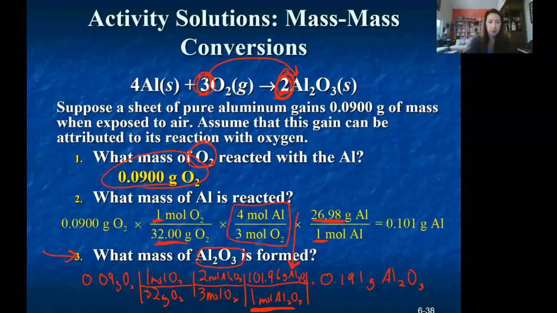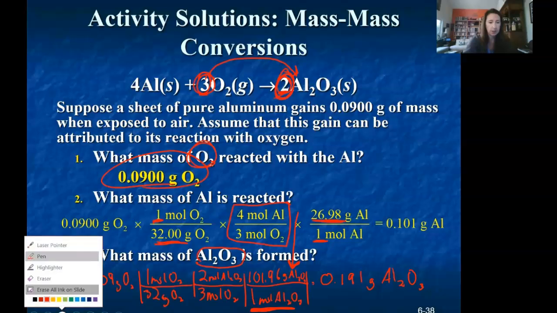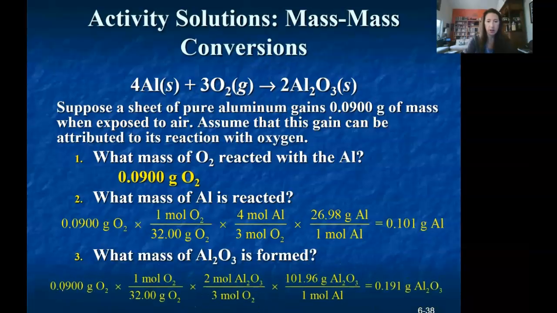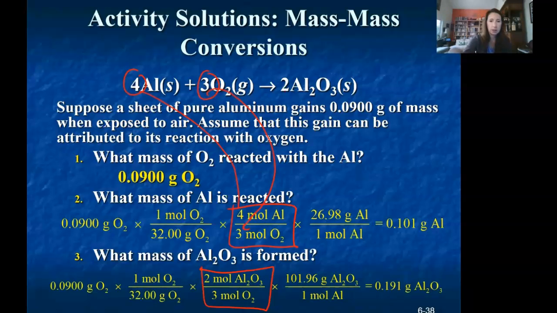The only time you're going to have a number that is different than 1 mole is when you have a mole-mole ratio. So let me just erase this so you can see it prettier. I have it prettier right here. This is the only time you ever have a number that is different than 1 mole, right? And these numbers come straight from our balanced chemical equation. Otherwise, it's always 1 mole.